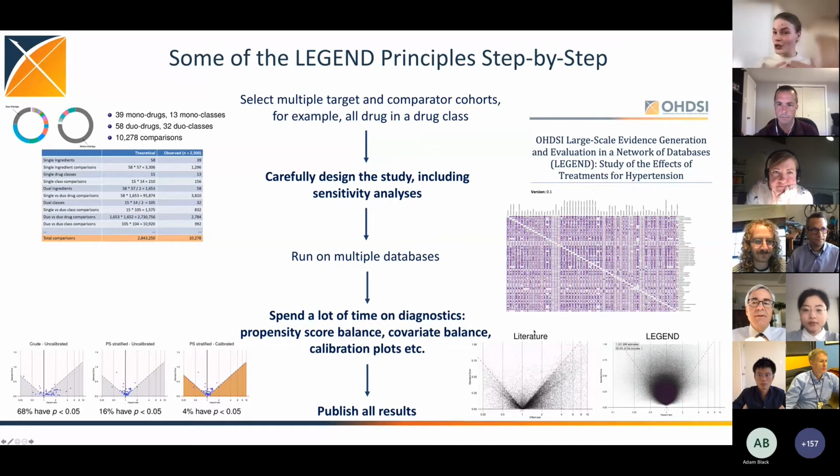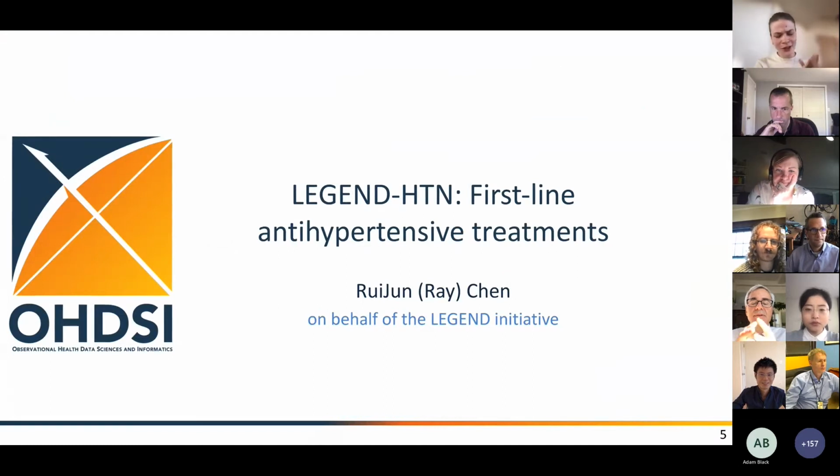And after all, you would like to publish all of your results. The process outlined here would actually make your paper a highly desirable paper to any journal. And Ray will follow up on that with a perfect example of a study published in a high impact journal, which resulted from the LEGEND study.